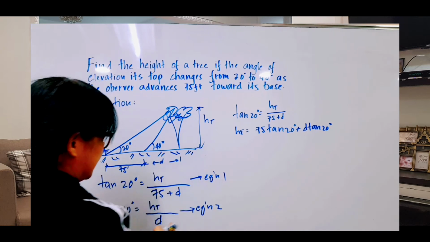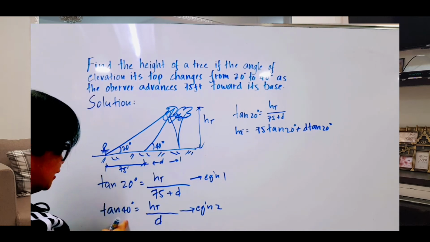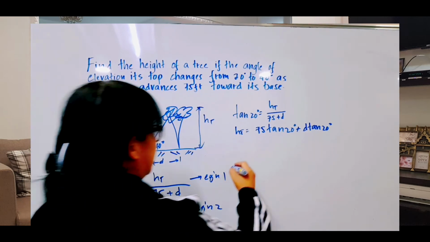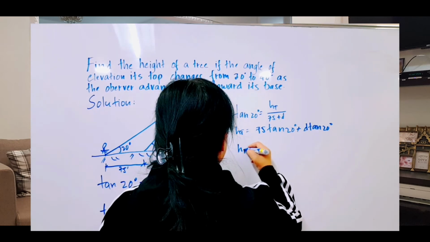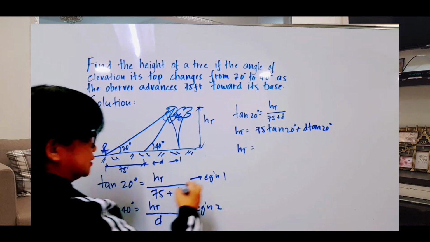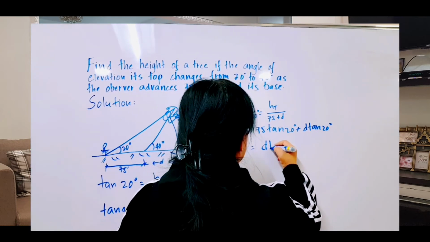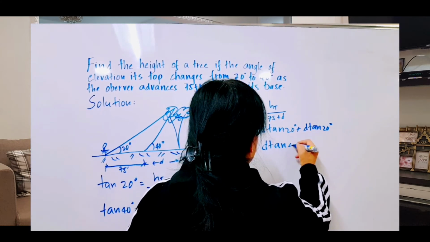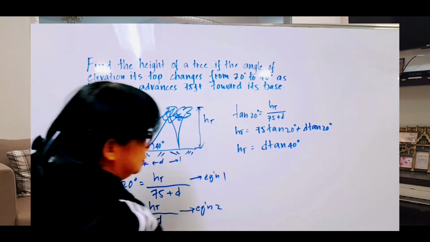Then another one, we can also solve the height from equation 2. HT is equal to, by cross multiplying, D times tangent 40 degrees.